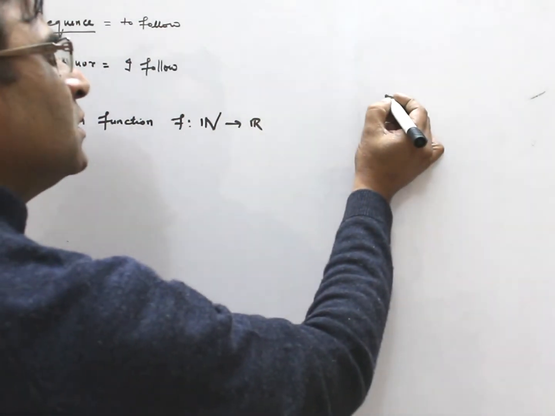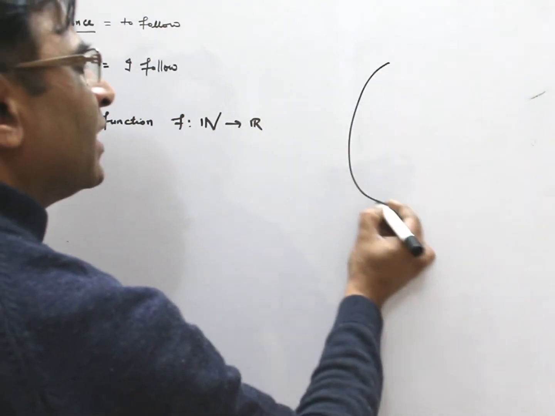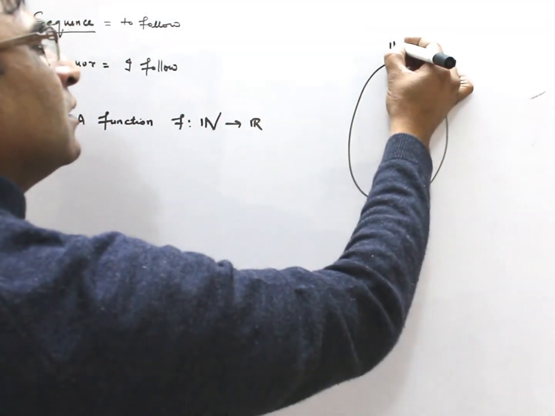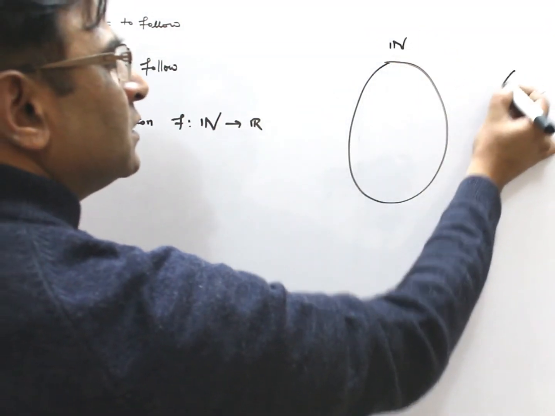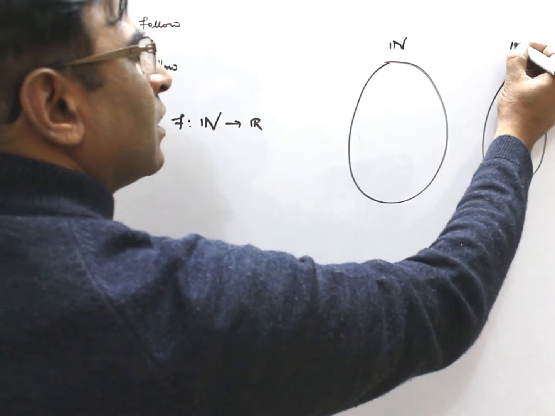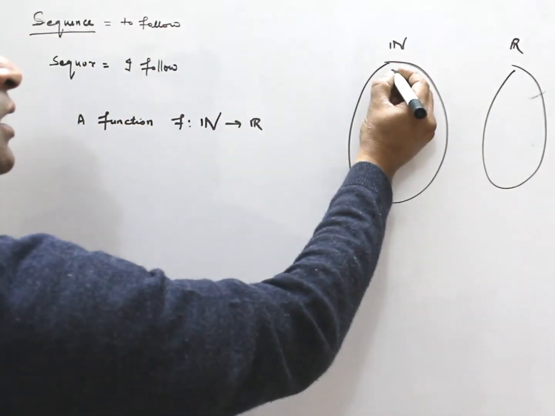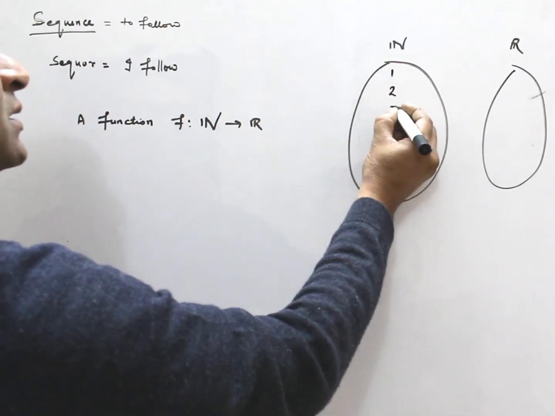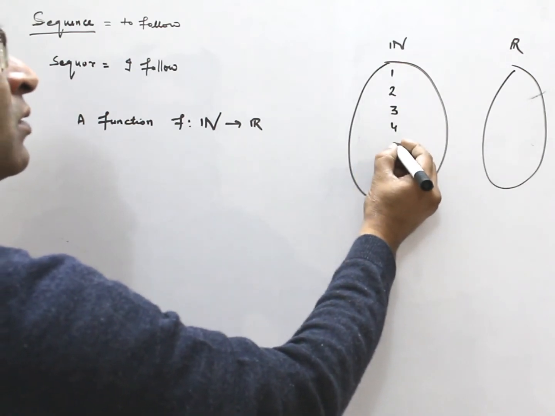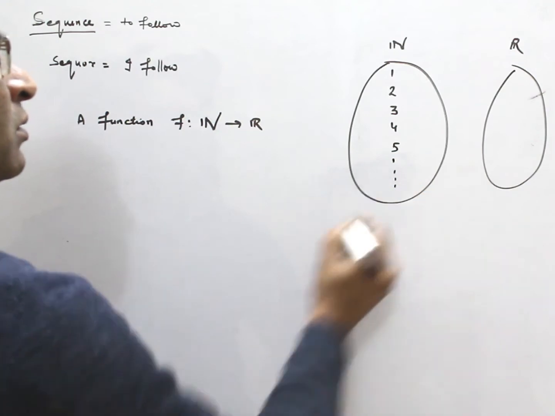Suppose this is the set N and this is the set R. In N the elements are 1, 2, 3 and so on.